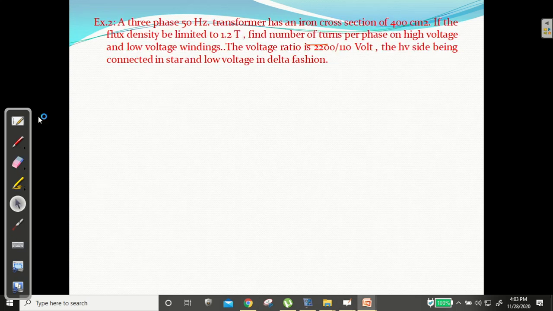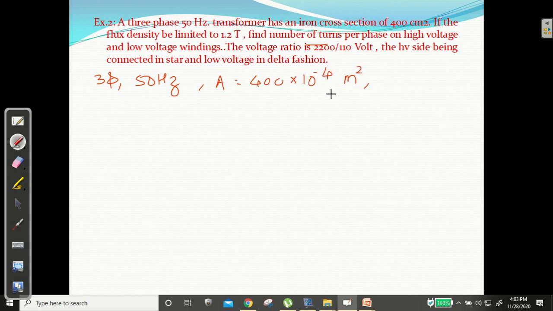Question number 2. A three-phase, 50 Hz transformer has an iron cross section of 400 centimeter square. Area is 400 into 10 raised to power minus 4 meter square.